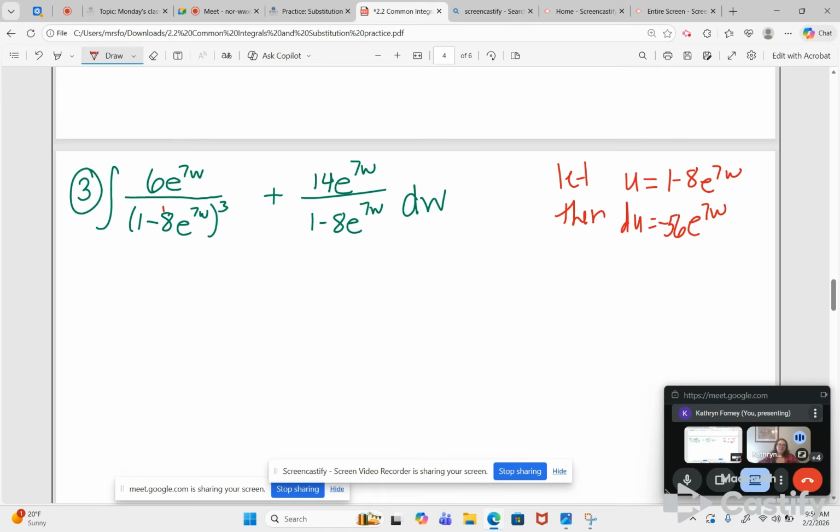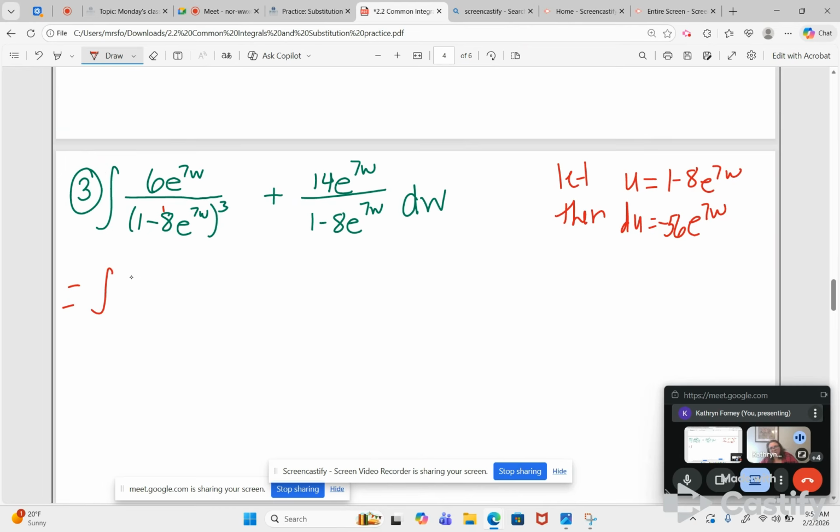And so looking at this, the e to the 7w is in both of these. The difference is we don't have a negative 56 in any of it. But that's okay because we can divide out that negative 56.